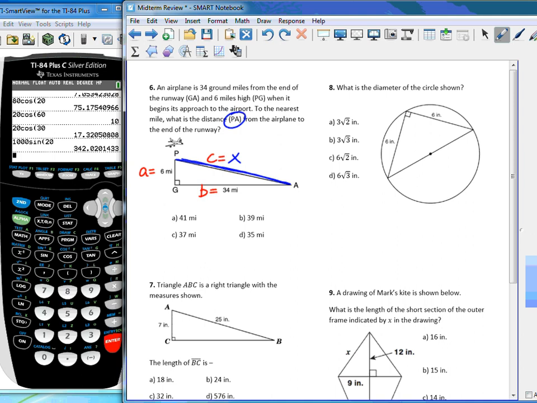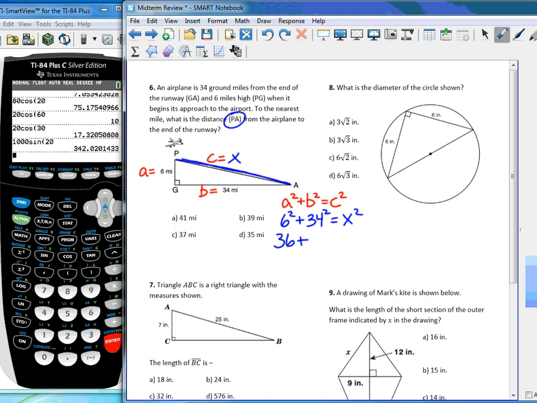So if I set up my Pythagorean theorem formula and then plug in what I know, let's see, A is 6, so we have 6 squared. B is 34, so we have 34 squared. And C is our x, so we have x squared, and now we just simplify. We have 36.